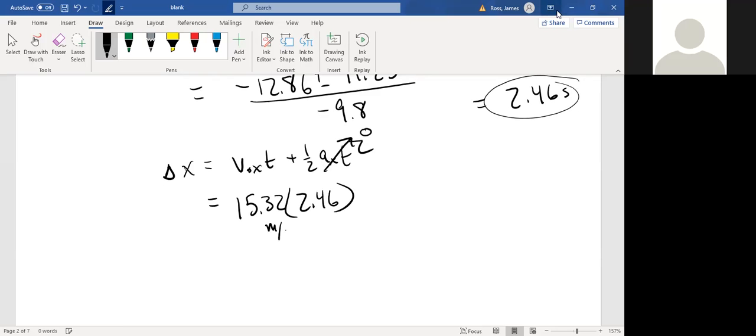Right, this is meters per second times seconds, which will give us meters. 15.32 times 2.46 gives us 37.7. And for the significant digits we had, we could round that to 38. All right, so there's the solution to the quiz that we took on projectile motion.